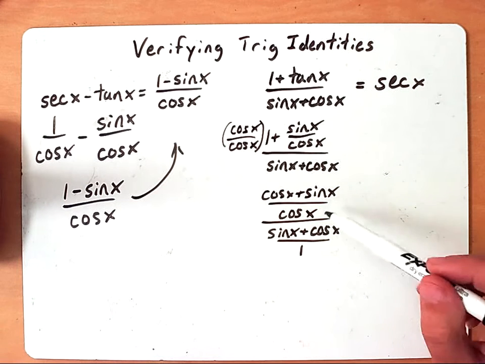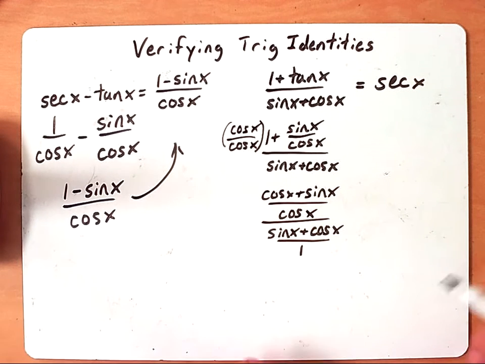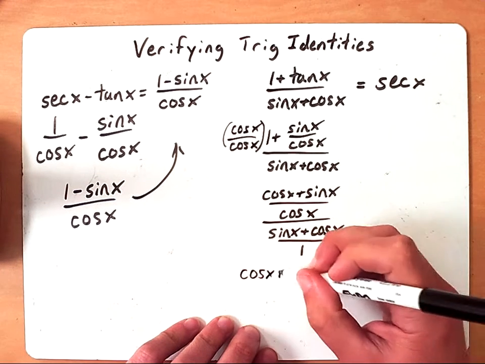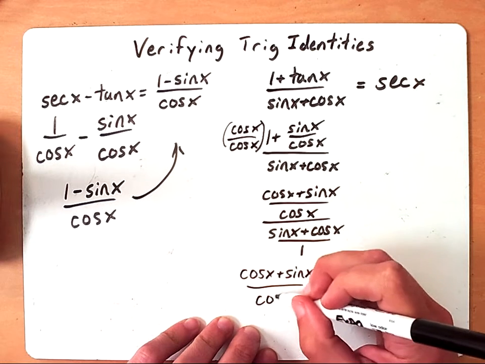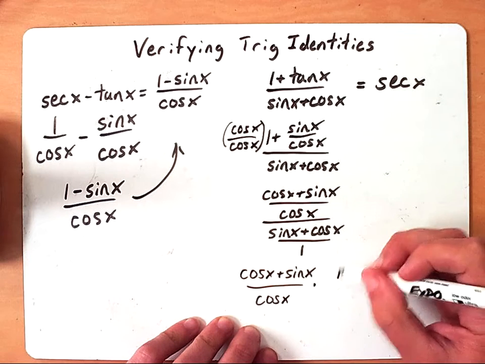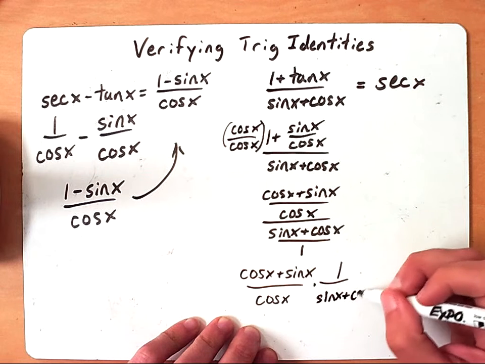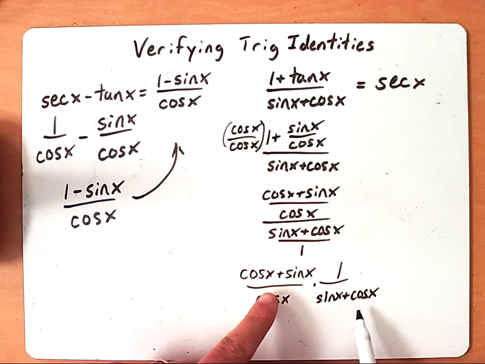So now I'm dividing a fraction by a fraction, so I can flip and multiply by the reciprocal. So I would have cosine of x plus sine of x over cosine of x times 1 over sine of x plus cosine of x. Okay, and due to the commutative property of addition, these two things are exactly the same.